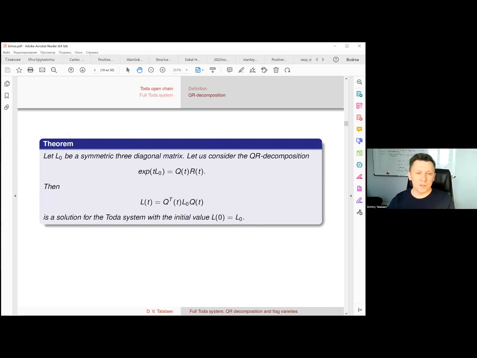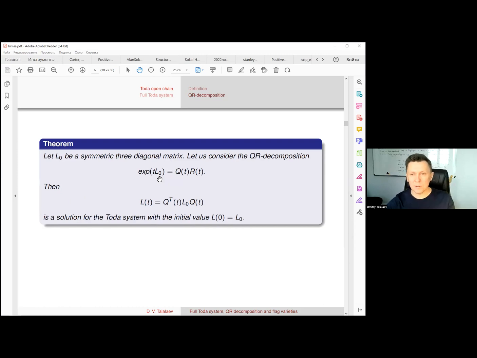Let L0 be a symmetric three-diagonal matrix, and consider the QR decomposition of the exponential of this matrix with some matrices Q and R, where Q is orthogonal and R is upper triangular, which now depend on the time t, and compose the matrix L of t by conjugating with the orthogonal matrix Q. It appears that this matrix L of t is a solution of the Toda system with the initial value given by L0.